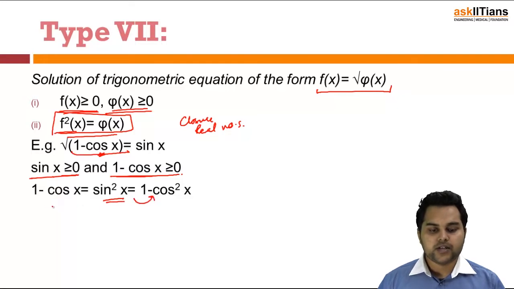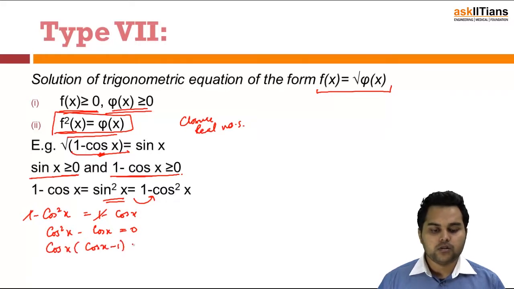So I get the equation as 1 minus cos square x is equal to 1 minus cos x. The 1 on both sides would cancel out, the negative signs would be negated, and I would get cos square x minus cos x is equal to 0. That will give me cos x into (cos x minus 1) is equal to 0. So cos x now can have two values, either 0 or 1.